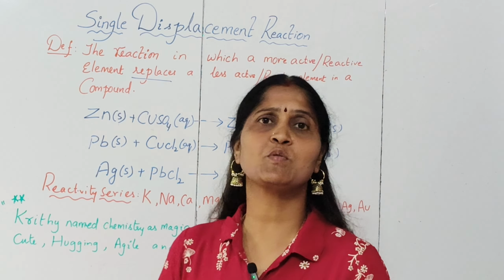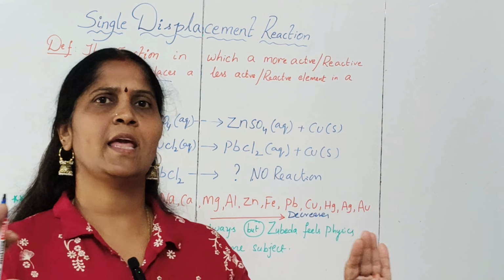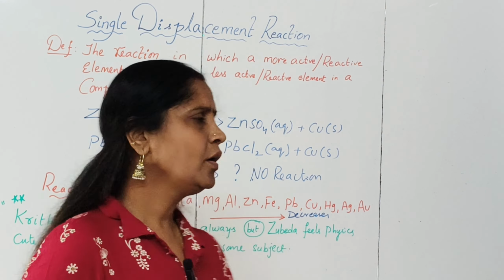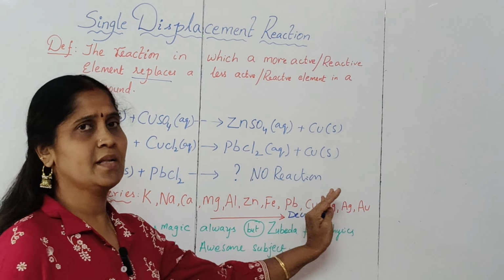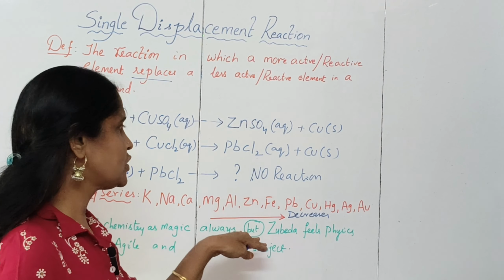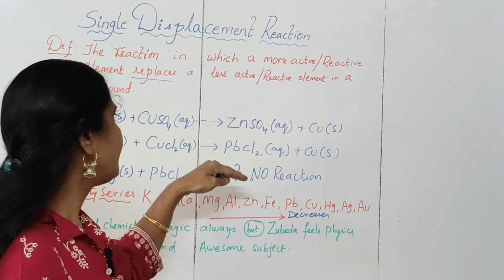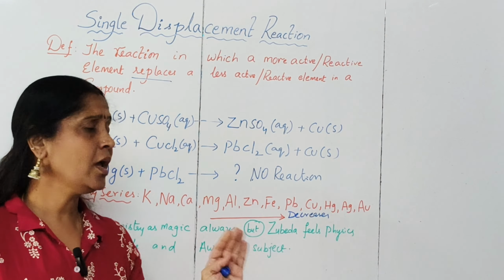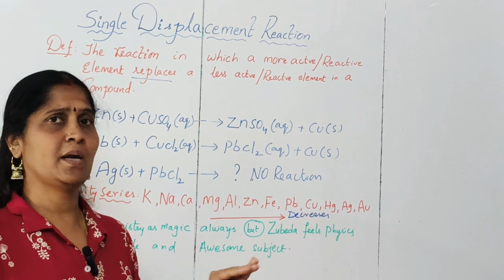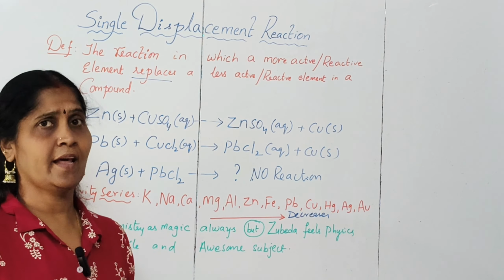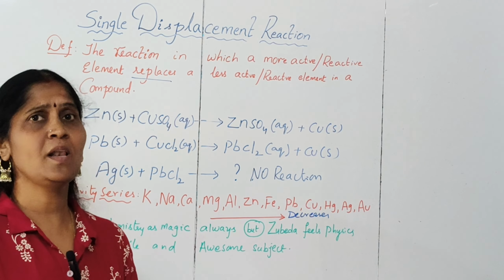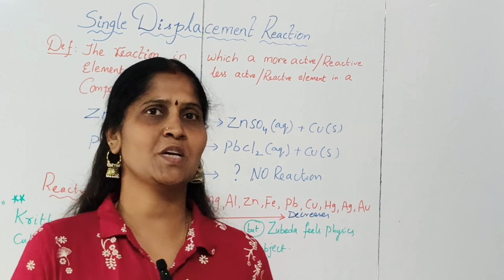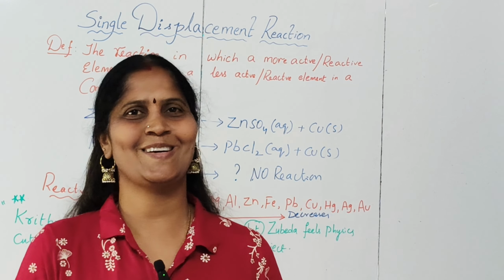This is the mnemonic which will help you remember the names of all the metals in the correct order. And as you know, the reactivity of different metals decreases down the line. If in the exam a question is asked about whether a reaction is possible or not, you can check the reactivity of the metals and write the correct answer. Hope you followed about displacement reactions, which are quite interesting and also easy to understand.